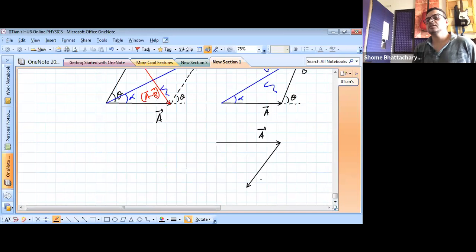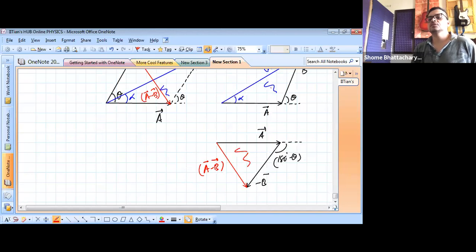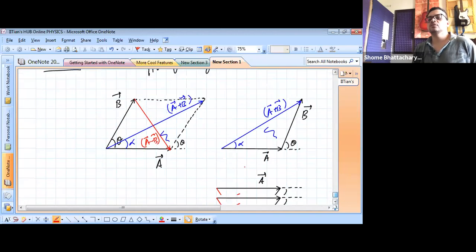So this vector A, this vector minus B, such that this angle here is 180 minus theta, and this vector here is A minus B. So this triangle that you are seeing here is contained within the parallelogram, because this angle is 180 minus theta. You can see that.